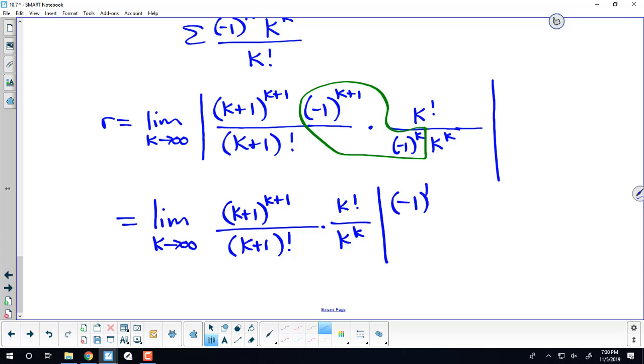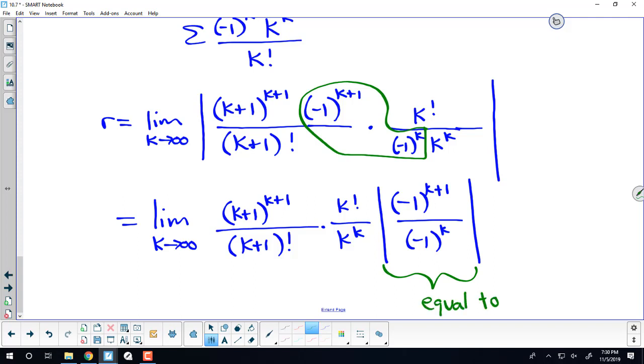So we could look at it maybe one more step just to address it fully. That's really all the absolute value is there for. The other stuff with the k's here, factorials and whatnot, is positive. This right here is always going to be equal to 1 because we have the absolute value.